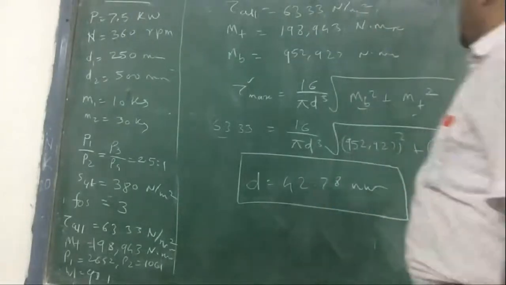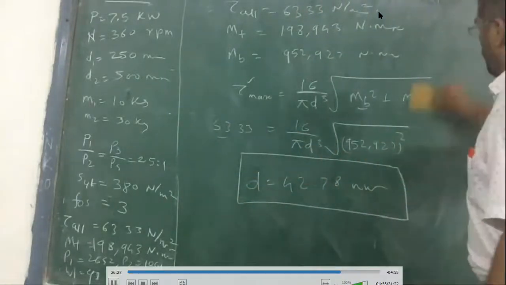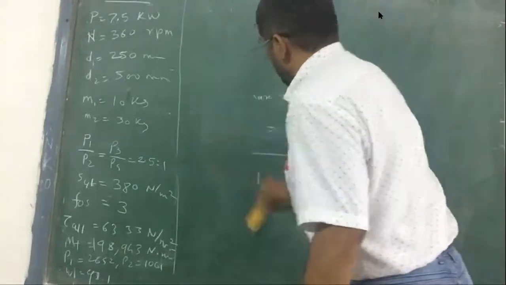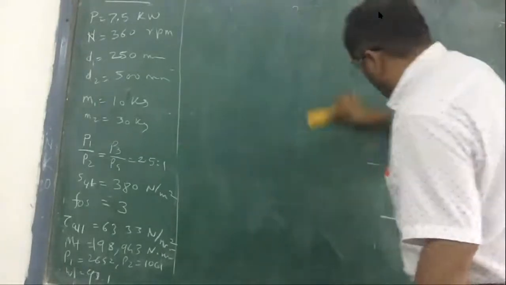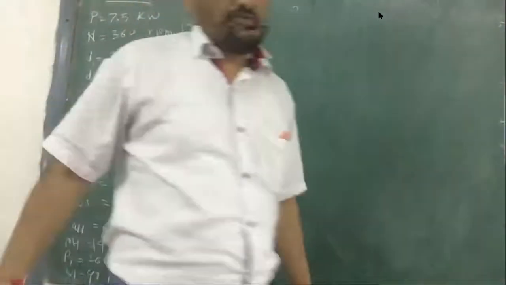Now the second part of the problem. I think the design is complete for failure in shear stress, because the shaft fails in shear because of the torsion. The design diameter is 42.78.